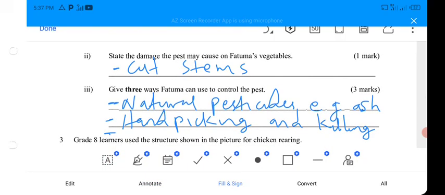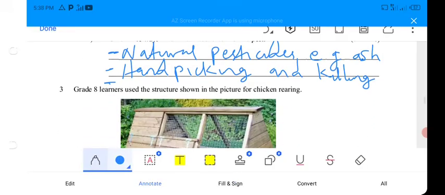You can also use predators such as chicken.